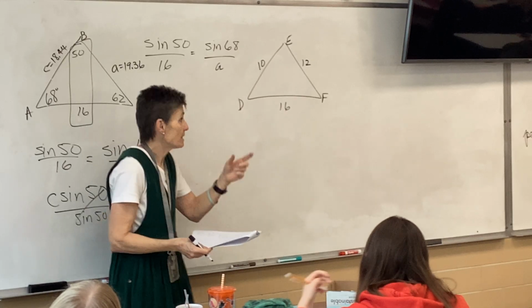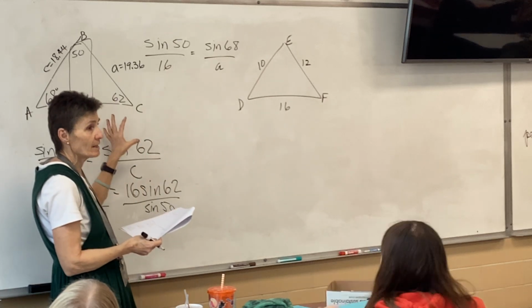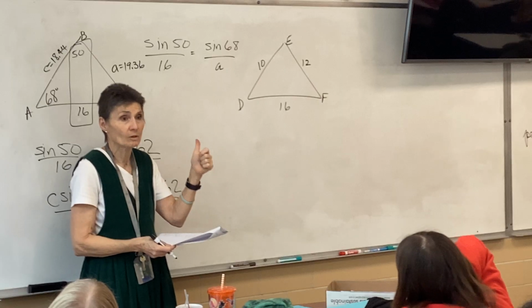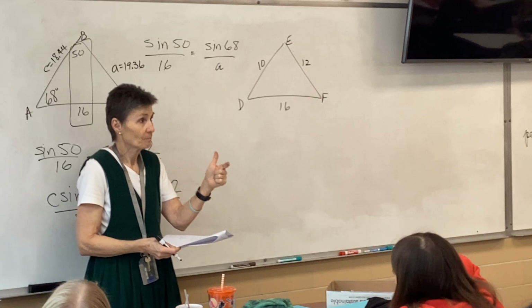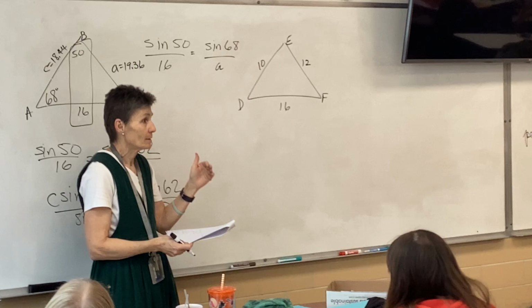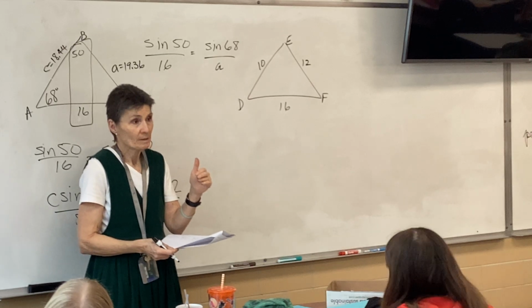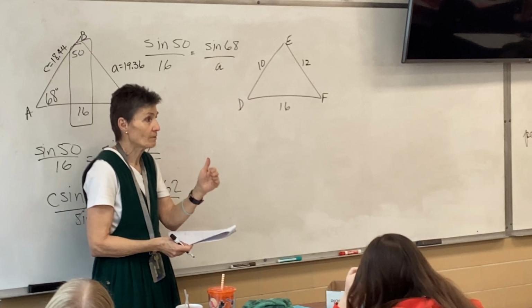To find the sides and angles, you have to use the law of sines or the law of cosines. This is not an area problem. When it's an area problem, it will say, find the area.